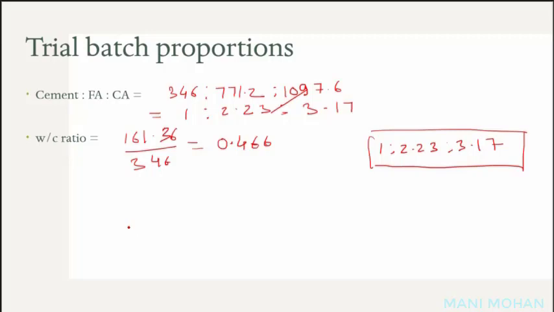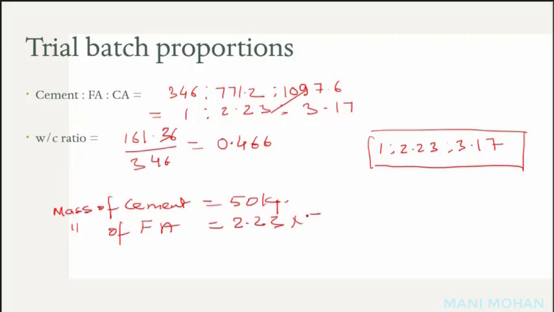So in the batching plant, if I ask for 1 bag of cement, what will be the amount of water, coarse aggregate and fine aggregate you are going to use? It could be like this. Mass of cement for 1 bag is 50 kg. What is the mass of fine aggregate? How many parts is it? 2.23. So do 2.23 into 50. This gives me 111.5 kg.